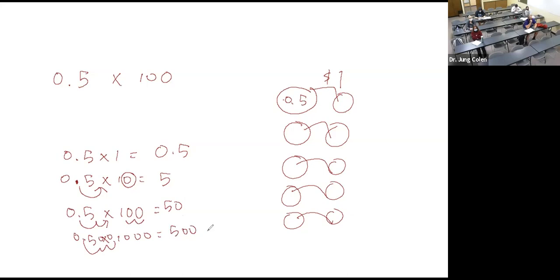So you get to see the rule there, right? Times 100, you move the decimal point to the right by 2 places. So 1, 2, and you get 50 there, right? Using that, we get to find all of these answers so easily.